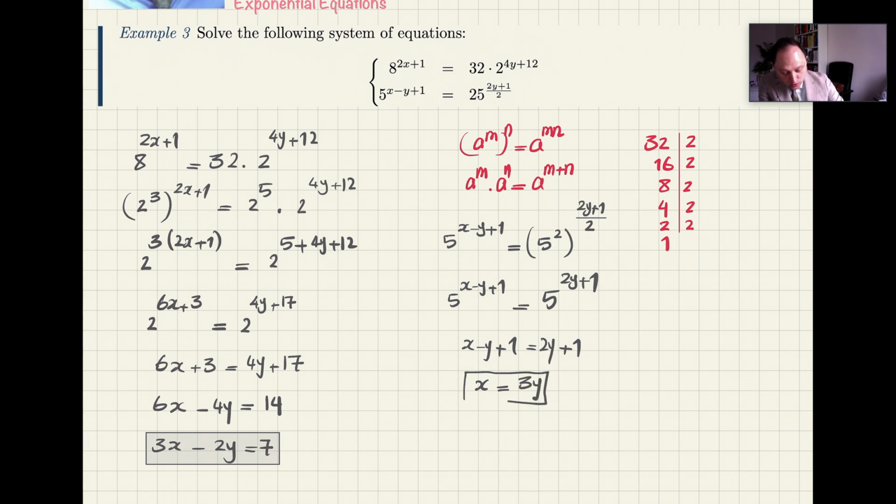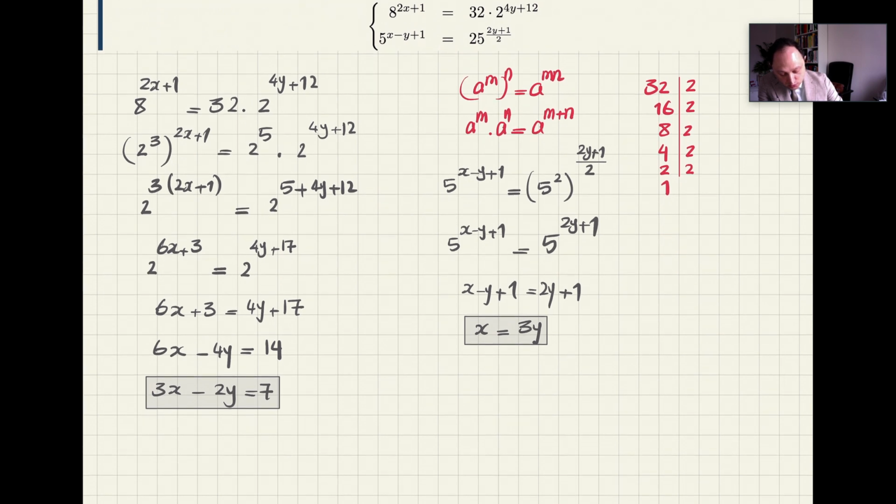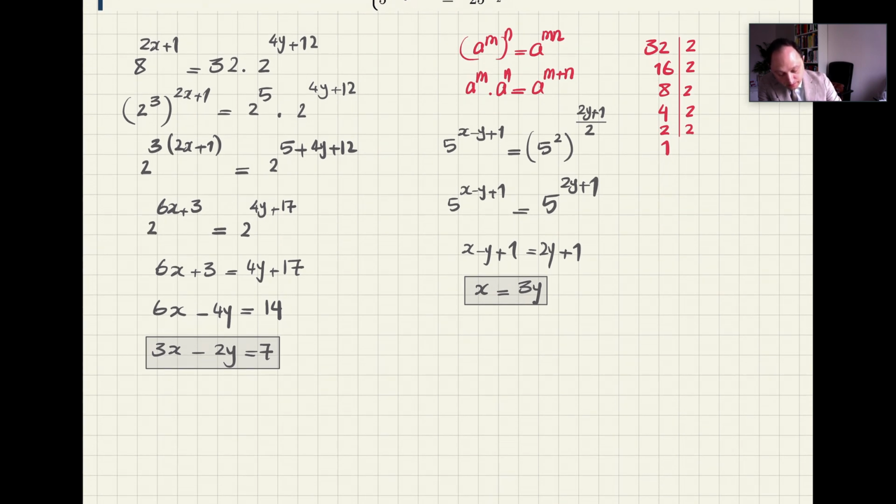It's better to use the substitution method here. So here I will take this with me and put it here. Wherever I see x, I replace it with this 3y. So this becomes 3 times 3y minus 2y is equal to 7.